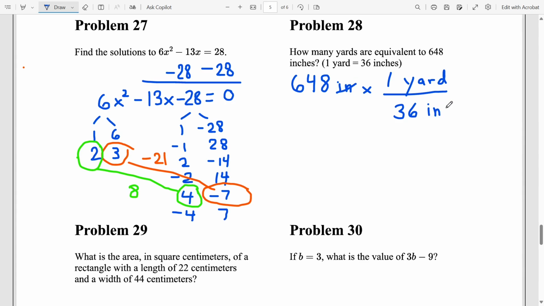The inches are going to cancel here. And 648 times 1 is 648. So we have 648, and that's divided by 36. That's going to be yards.